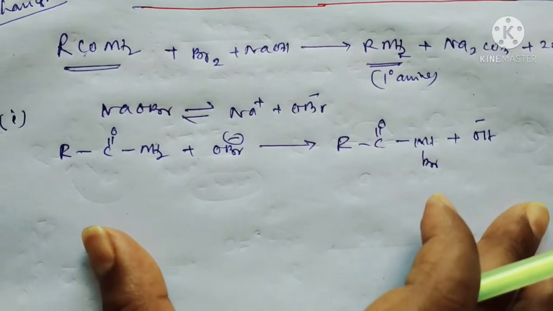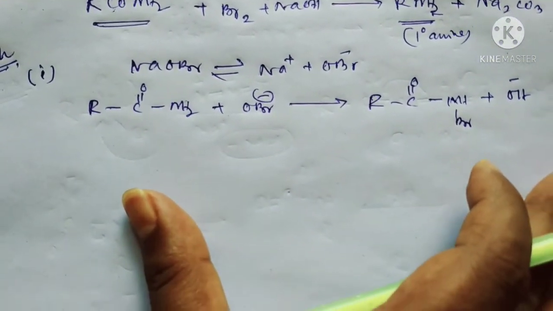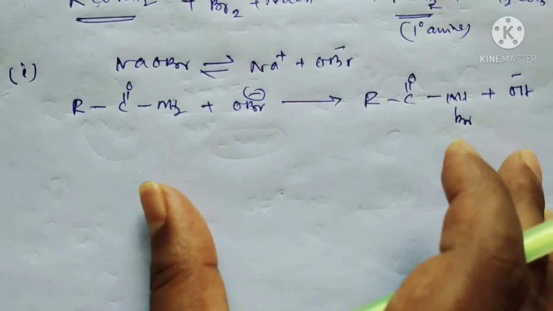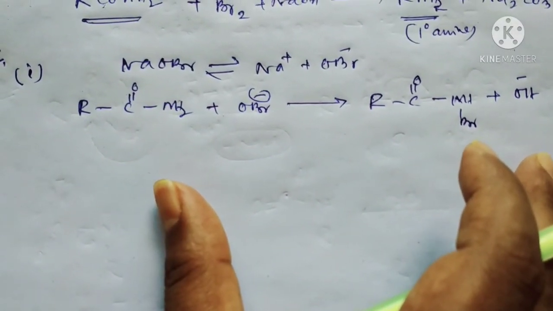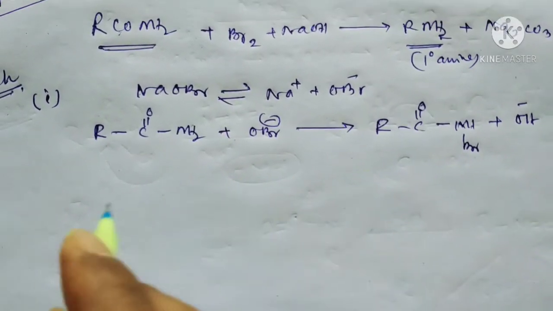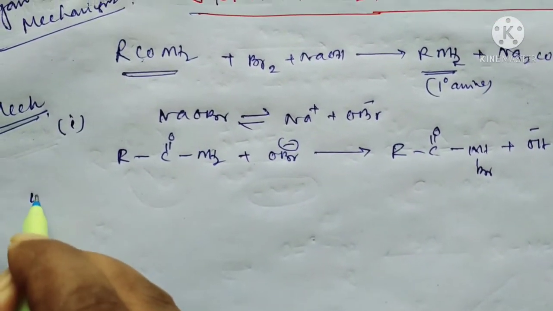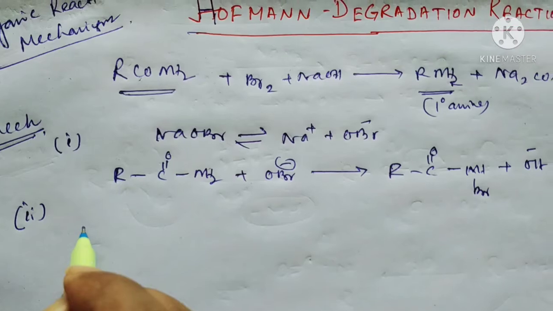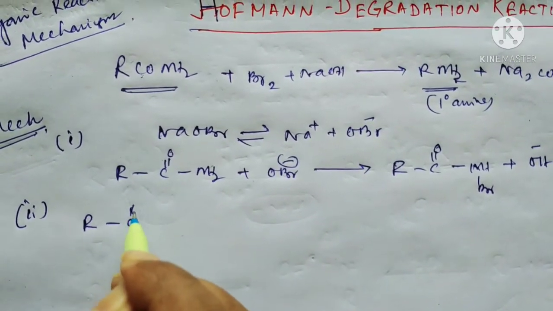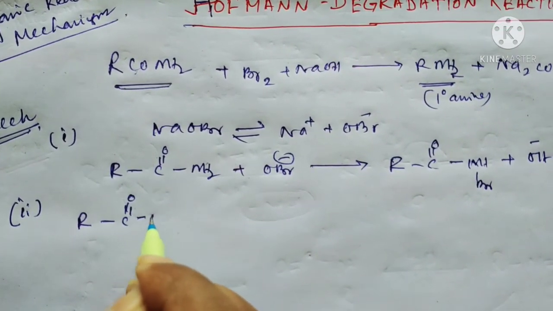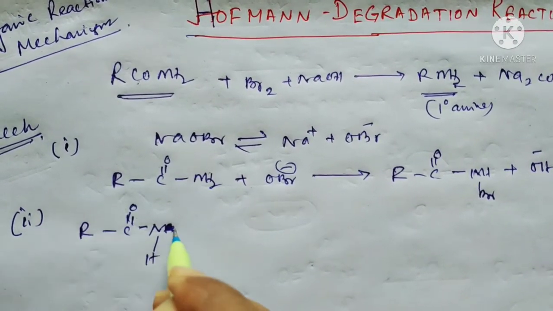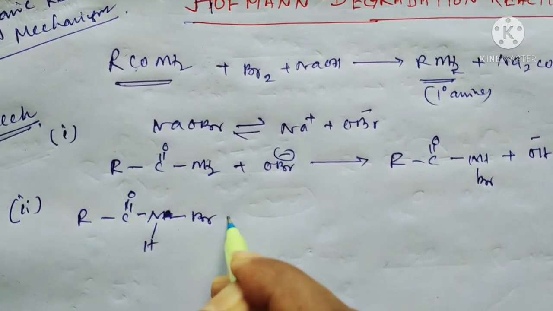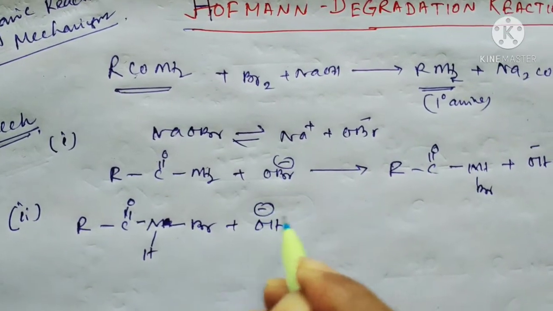Now in the second step, what happens? The deprotonation, or the removal of the hydrogen atom attached to the nitrogen by the hydroxide ion. Step number 2: this RCONHBr in presence of OH minus.